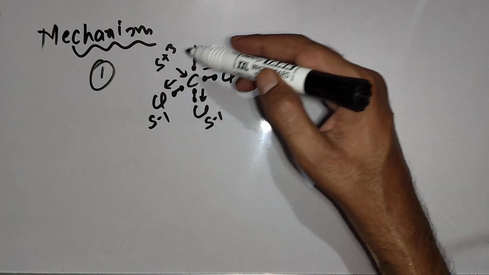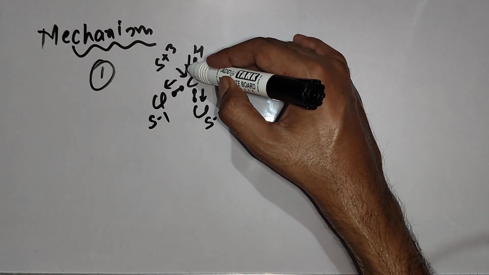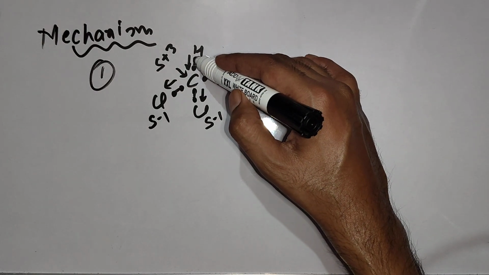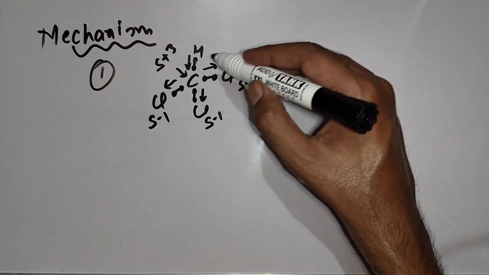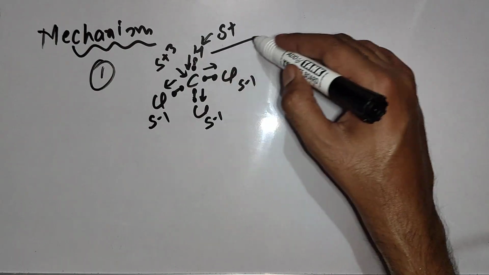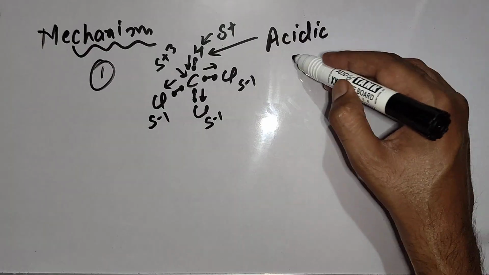Due to this strong +3 charge, in turn, this carbon will attract electrons from hydrogen strongly. So this hydrogen will lose its electron very strongly. That's why this hydrogen has a high positive charge. That's why this hydrogen works as an acidic hydrogen.